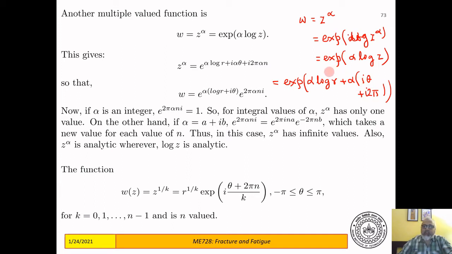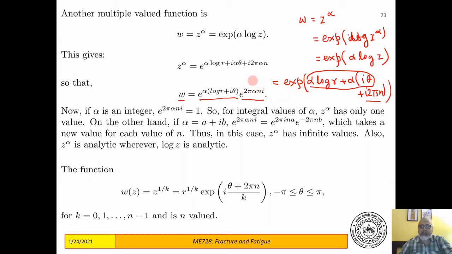This, of course, can be written as the first term, and then the second one comes from 2 pi i n, this n here: 2 pi i n alpha.